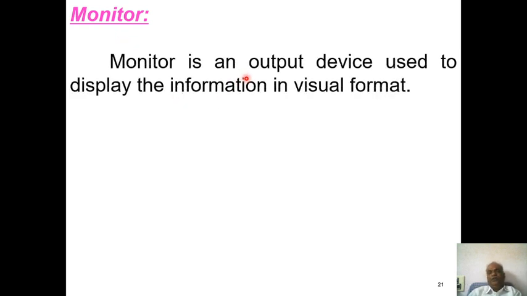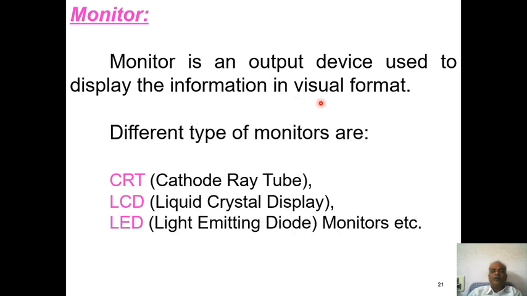Monitor is an output device. It displays the information in visual format. There are different types of monitors. One is known as the CRT monitor, cathode ray tube monitor. In olden days, the majority of computer systems had CRT monitors.